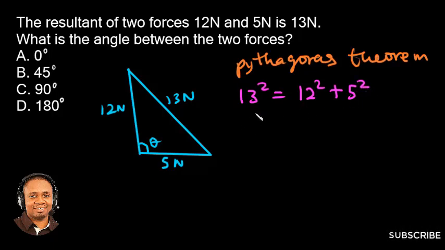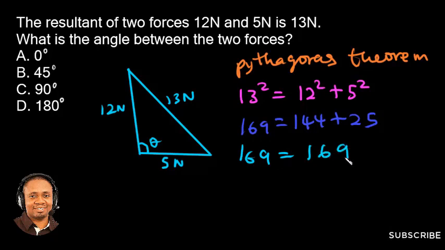If we simplify further, 13 squared will give us 169, then 12 squared is 144, then 5 squared is 25. So finally we have 169 equals 169.